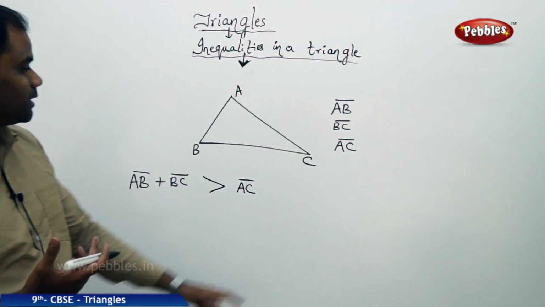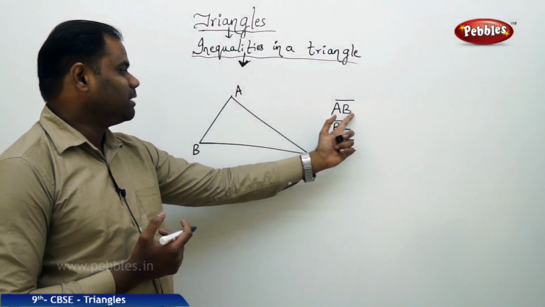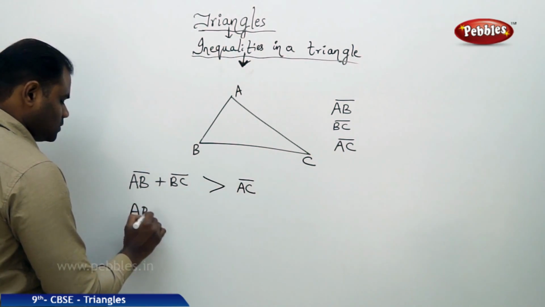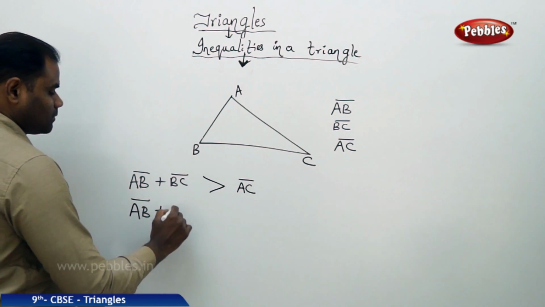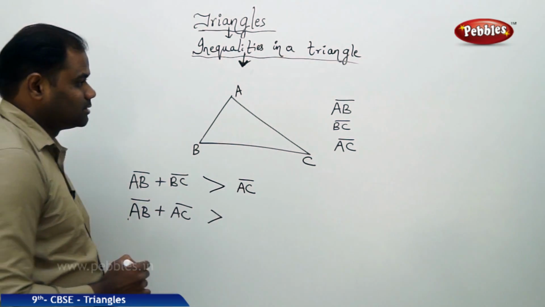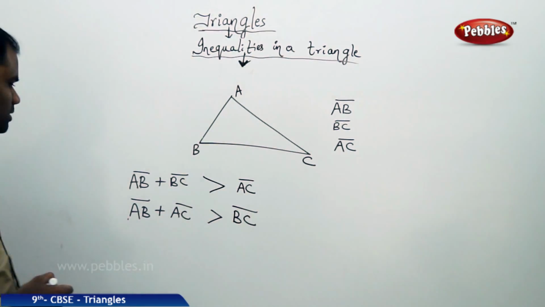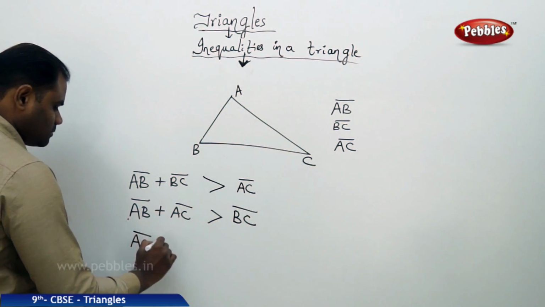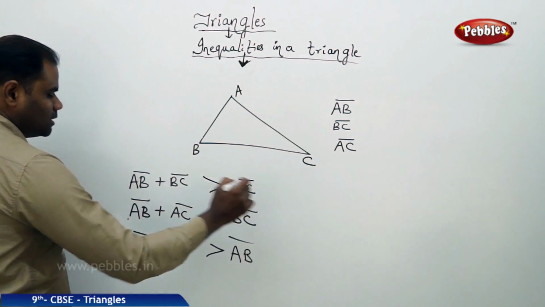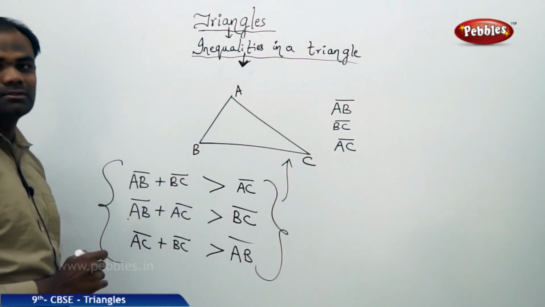That is, AB plus AC will always be greater than BC. If I take the two sides AB and AC, then the sum of these two sides must be greater than the third side BC. Next, if I take the two sides BC and AC, AC plus BC must be greater than AB.